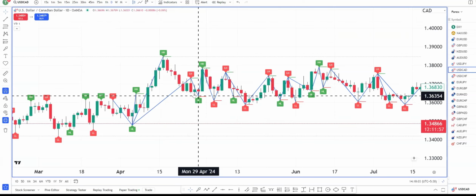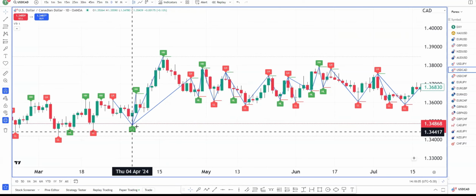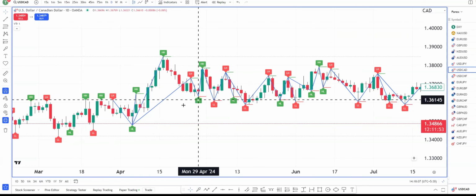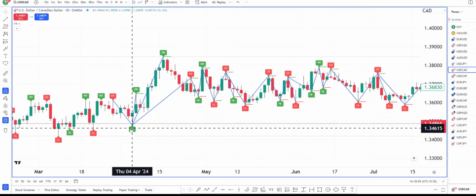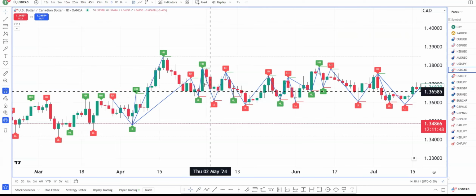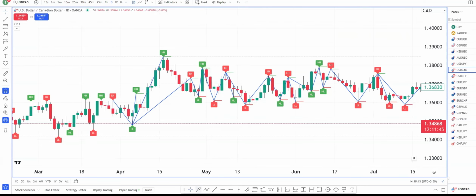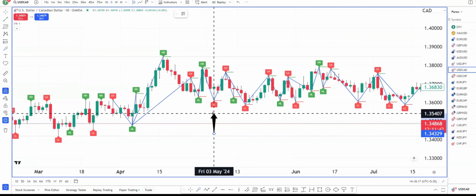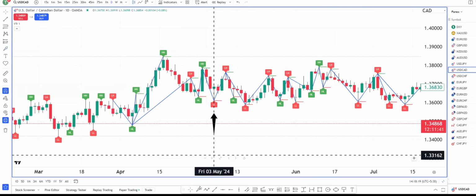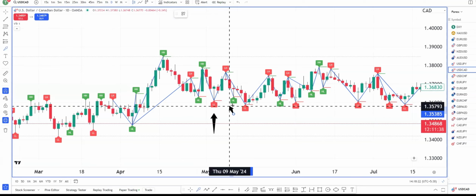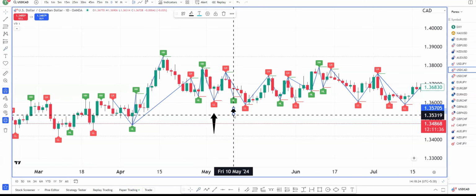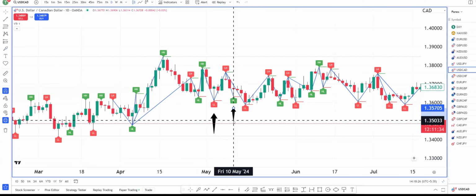Now, when it makes a low again, we are seeing whether it is lower than the previous low, right? If you see here, the price has made a low here. The next low, is it higher than the previous low? Then that is called a higher low.